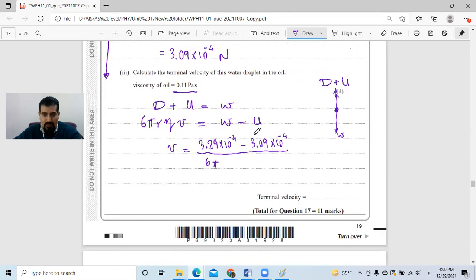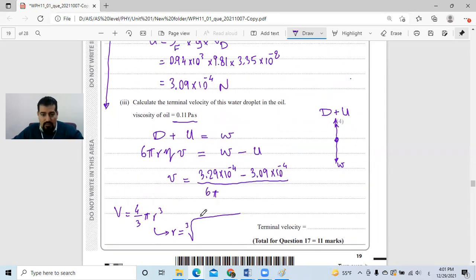That's why it's a 4 mark question. So the radius: we know that volume equals 4/3 pi r cubed. So that leads us to radius equals the cube root of the volume, which is 3.35 times 10 to the power of negative 8 divided by 4/3 pi.